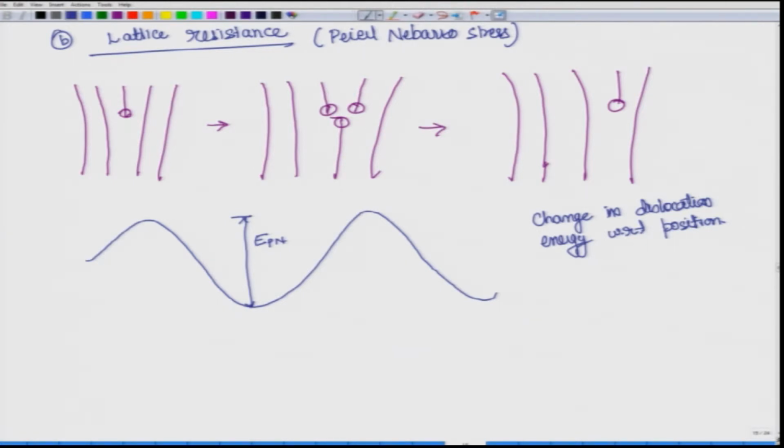And therefore, since there is a change in the energy of the overall dislocation with respect to position, there will be a stress required in moving the dislocation from here to here and then back to here. So, minimum this much stress. If we take the derivative, they have shown that E_PN can be shown something like this. And from this they have derived tau_PN, which is the stress.